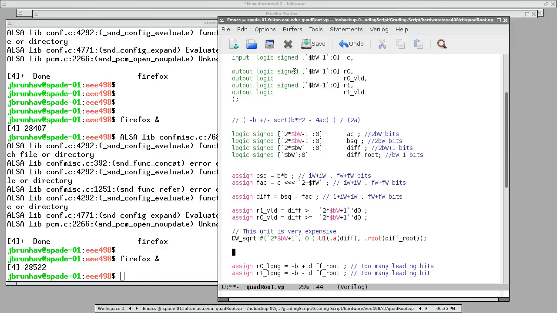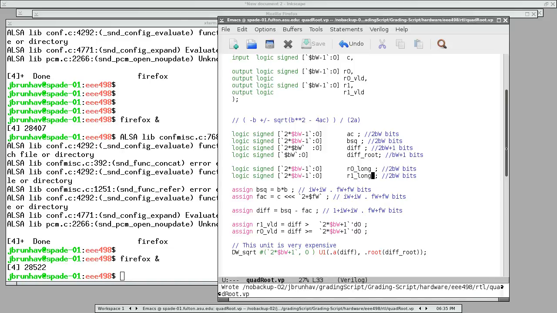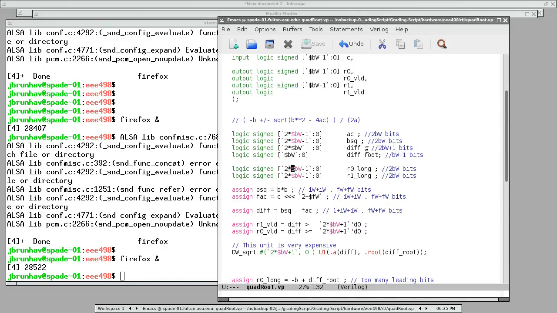So we will need new versions. R0 long, R1 long, and if it is 16 bits, it needs to be 2 extra bits.